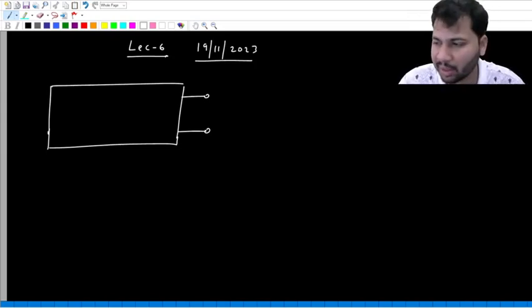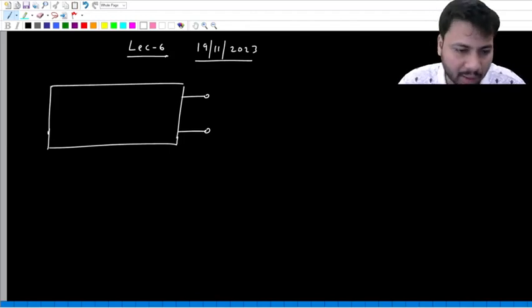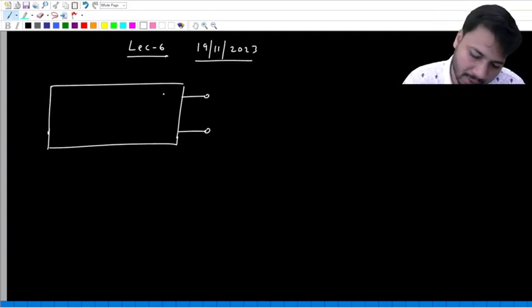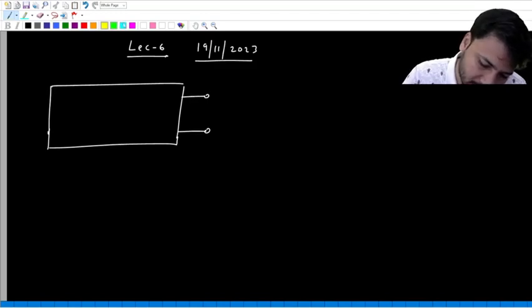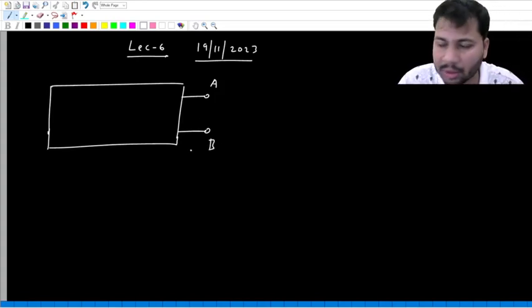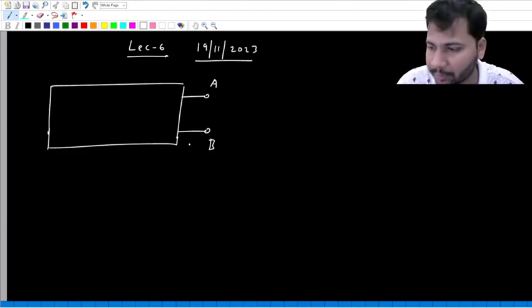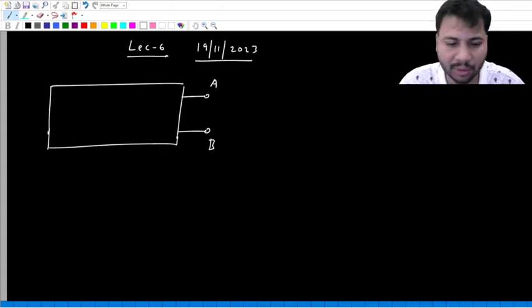A port is a set of terminals through which current can flow into and out of the network. Let me call these two terminals A and B. These two terminals form a port. It is a set of two terminals through which current can flow into and out of the network.